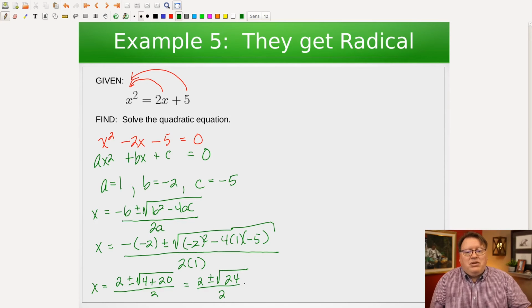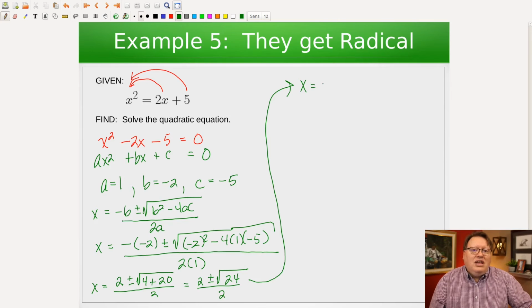Well, we have to be able to do that. So in this case, I'm going to go up here. And we're going to say x is equal to 2 plus or minus the square root. Well, this, guys, is equal to 6 times 4.